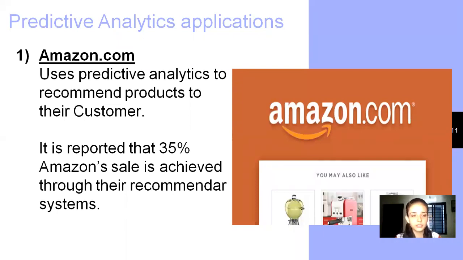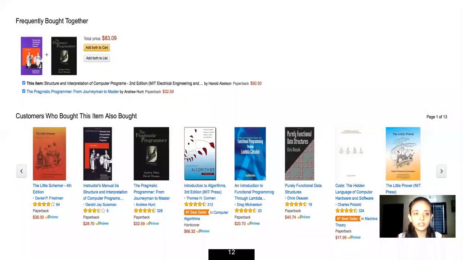There are various applications of predictive analytics. The first one is Amazon.com. Amazon.com is using predictive analytics. You must have seen images saying that you may also like such products. If you are searching for a product on Amazon, then it shows some recommendations that you may also like. If you are buying something, then they tell you it is frequently bought together.